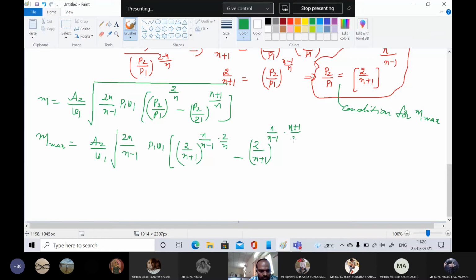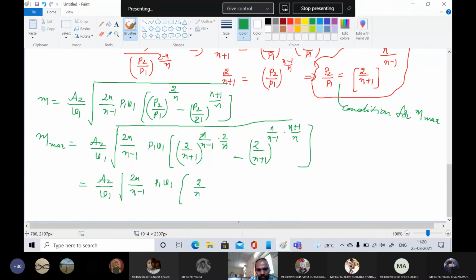Okay. So therefore, A2/V1 into under root 2n/(n-1) P1V1. Now n will be cancelled. So (2/(n+1))^(2/(n-1)).